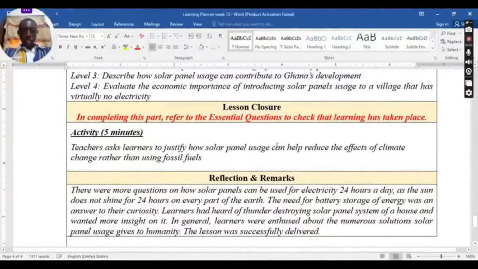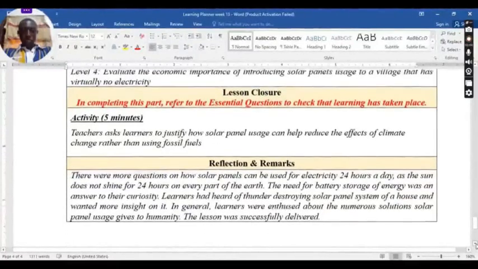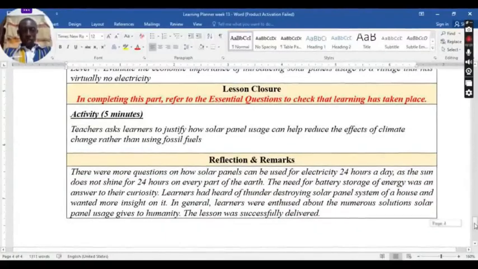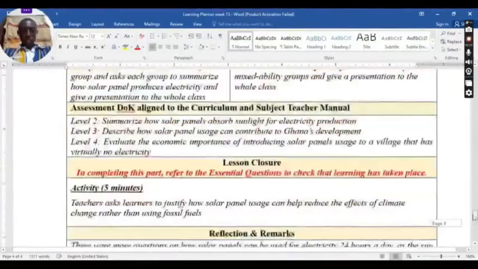Otherwise, I will change it. Alright, this one is talking about electricity generation from solar panels. Let's see. The special question, does this support or clarify? Teacher asks learners to justify how solar panel usage can help reduce the effects of climate change rather than using fossil fuels. Alright, I think I might have to change this.